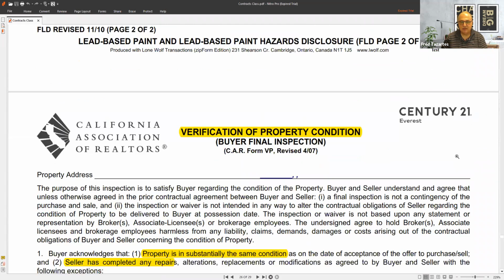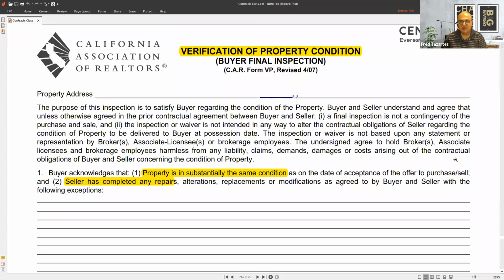Verification of property. This is another one that's a little misunderstood. The verification of property typically happens 5 days before you're ready to close escrow. And all this is you are looking at the property for a few reasons. One, is the property in the same condition as when I made the offer?